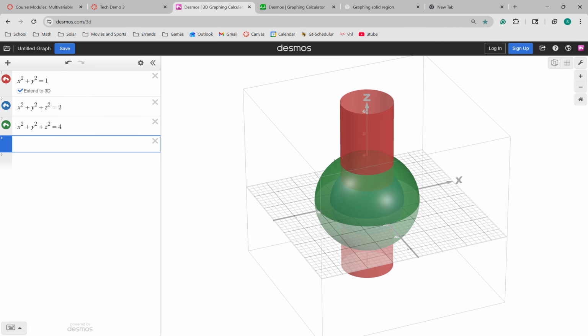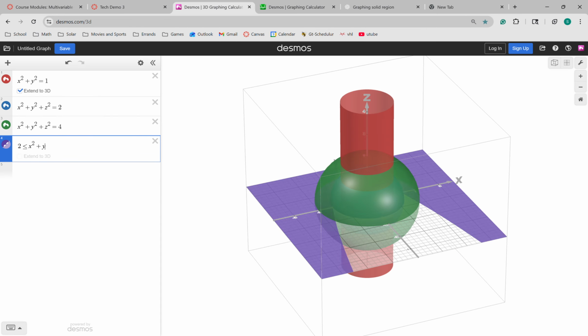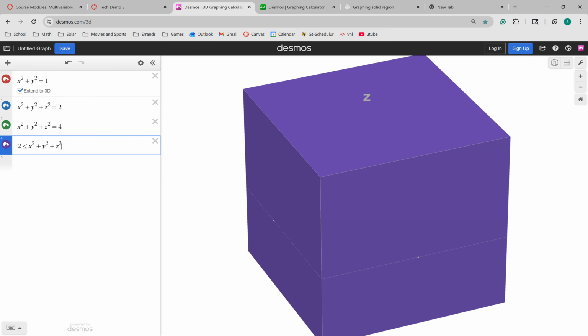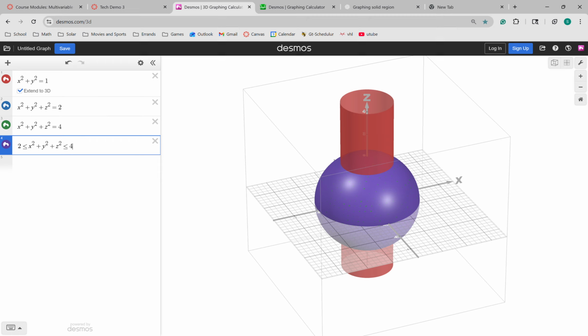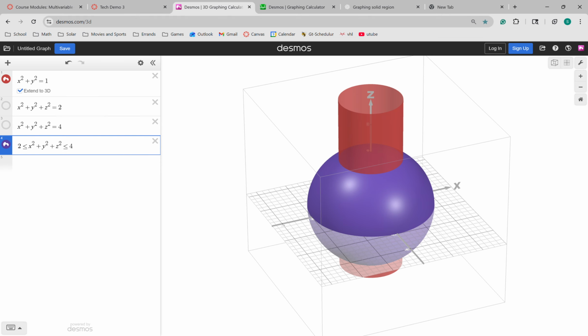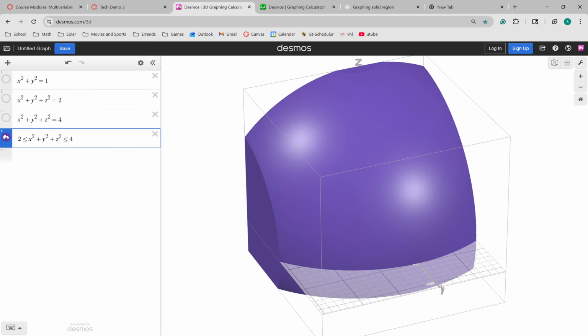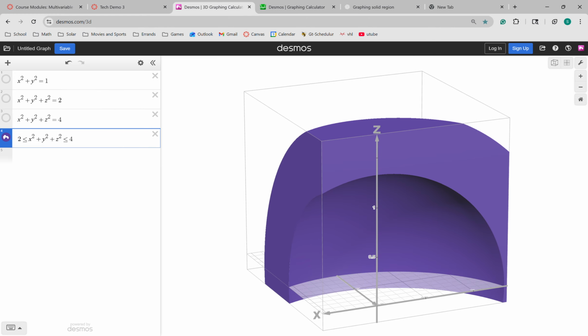The way we can draw this region is we will first begin by giving the region between the 2 spheres by giving an inequality. Now we have the region that is given by these 2 spheres. We can see that this is hollow. The inner sphere is given by our second equation here, and the outer region is the outer curve. The outer shape is given by this third function here.